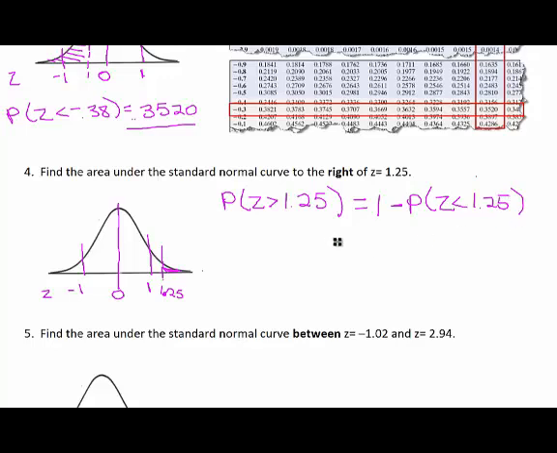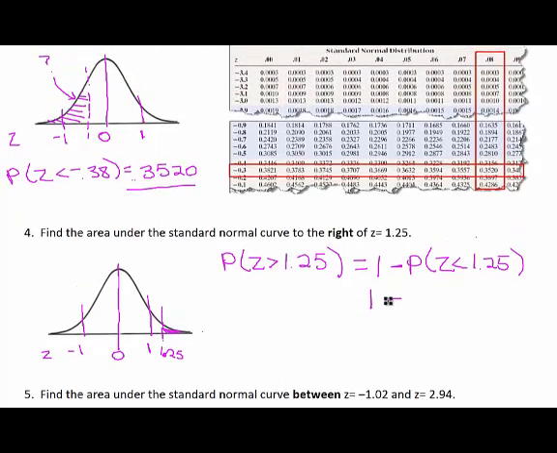You're going to have to go to your Z chart and look it up. I don't have it on this one, I just did a little portion of it. So you've got to look at your real Z chart, go to 1.2 on the side, and go over to 5. 1.25. I got 0.8944.